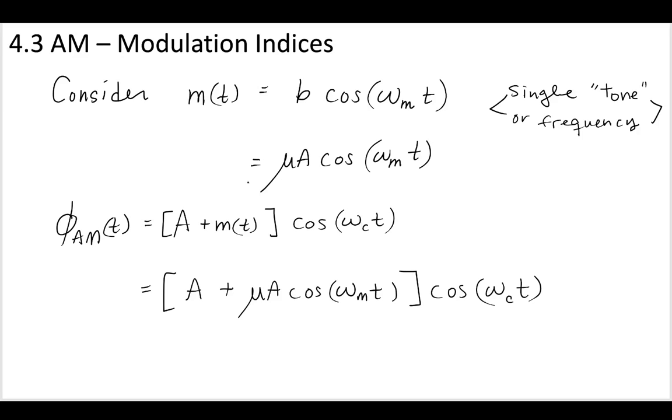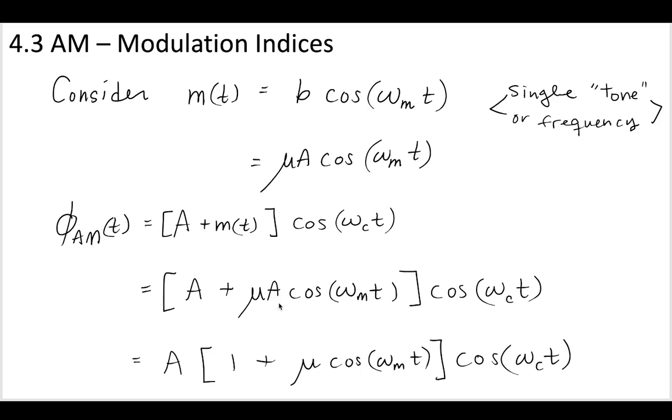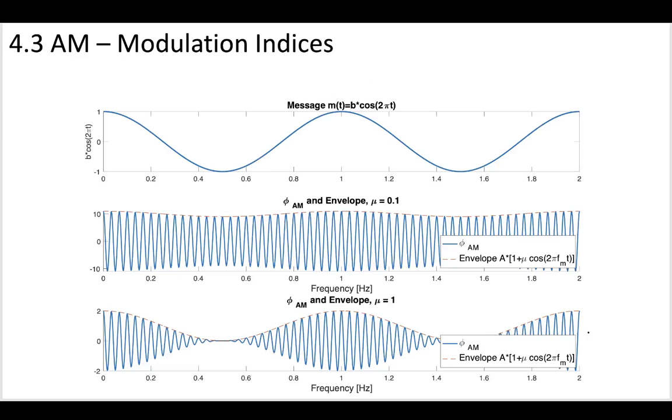If we substitute our message into M(t), we get this result, where we can see that there's A in this term and this term. We'll bring that apart, and we can see that the modulated AM signal in time is equal to this equation that we have here.